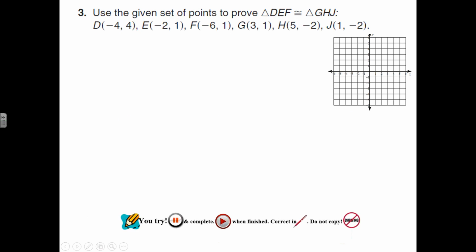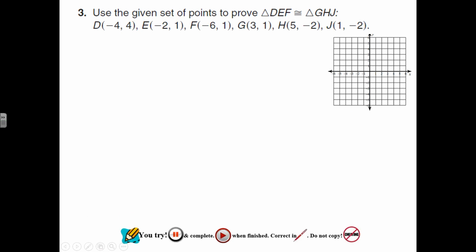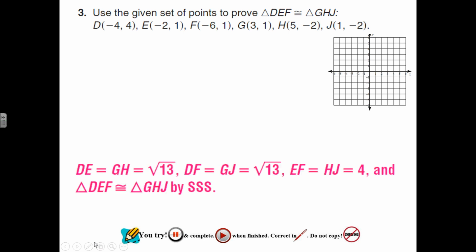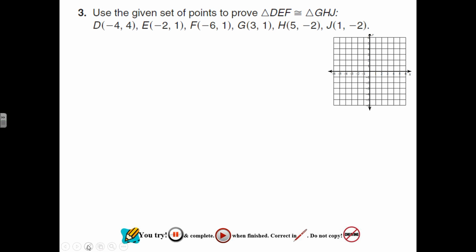Last one, I'd like you to plot all those points. And I'd like you to use that distance equation and find the distance of all sides. So I need to see the distance equation 6 times. Here's your template for the distance equation.